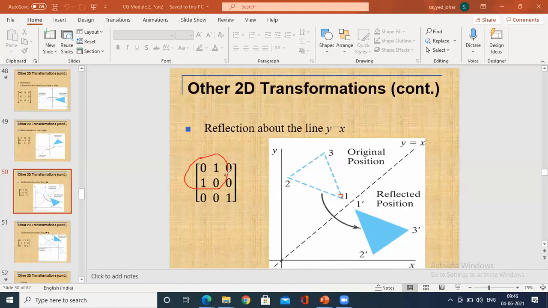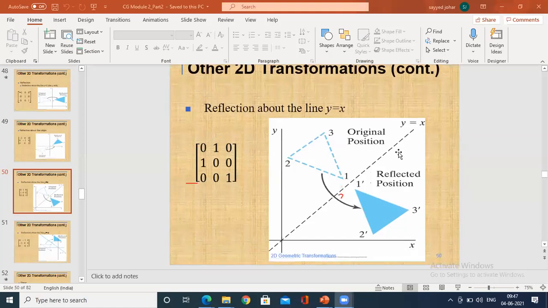So the change along x will be 0 and the change along y will be 1, along the x direction, along the y direction. This is a homogeneous matrix. So this is a transformation matrix that you have to memorize, reflection along the line y equals x.